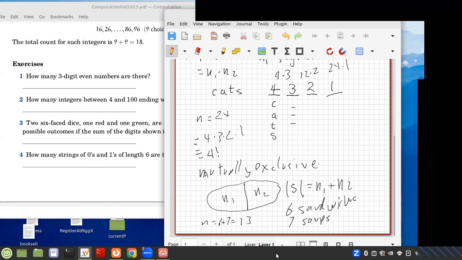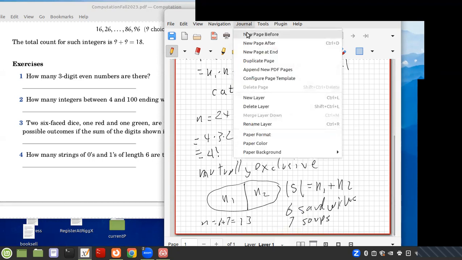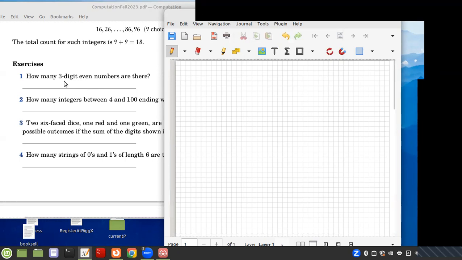Okay, so then we applied that to this thing here. We did 3-digit even numbers, right? We counted those.